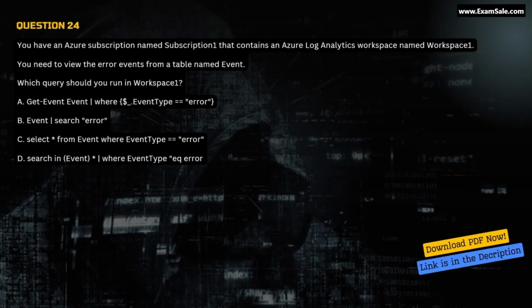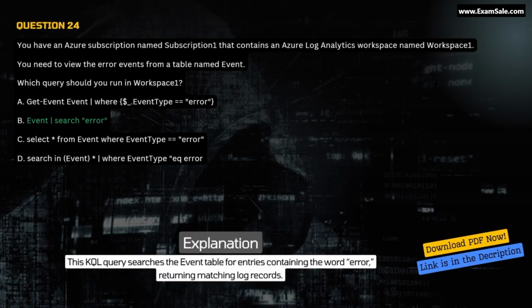C. Select asterisk from event where event type == error. D. Search in event asterisk, where event type EQ error. Correct answer B. Event, search error. Explanation. This KQL query searches the event table for entries containing the word error, returning matching log records.